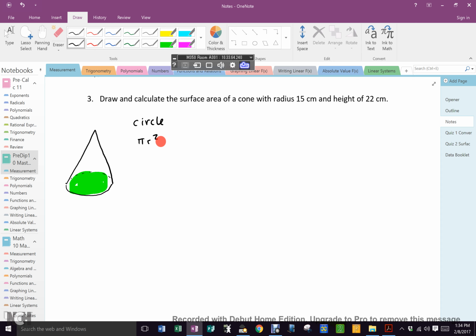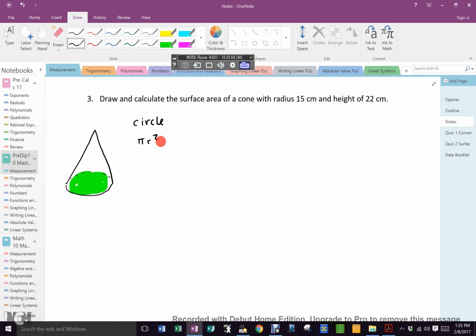Now this is a tiny example, but all of you should be quite comfortable in seeing that gave me a circle on the bottom, didn't it? Right? There's my pi r squared, right? And then I got to somehow figure out this area. Yeah? Everyone agree? Okay. Well, you guys are smart kids.